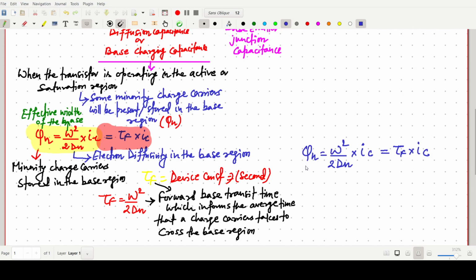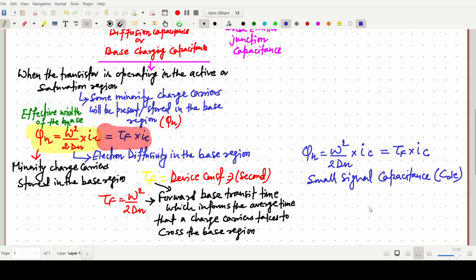Now we have the value of the charge, so we can write the capacitance. One can write a small signal capacitance, that is our CDE.